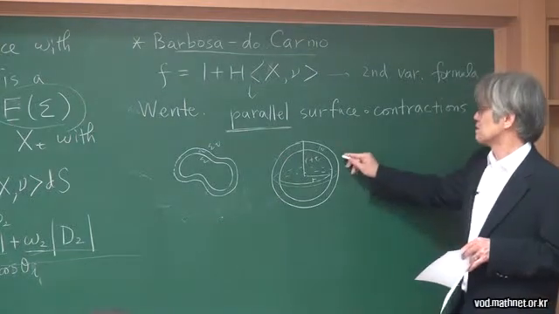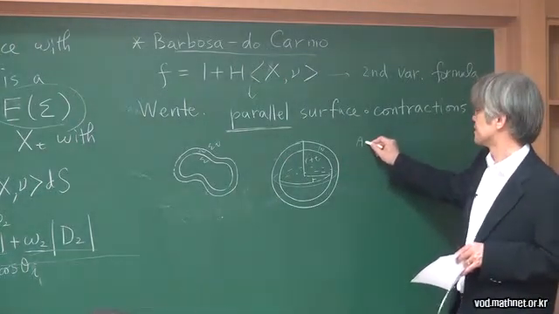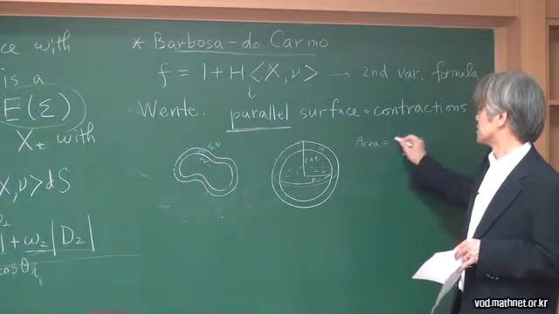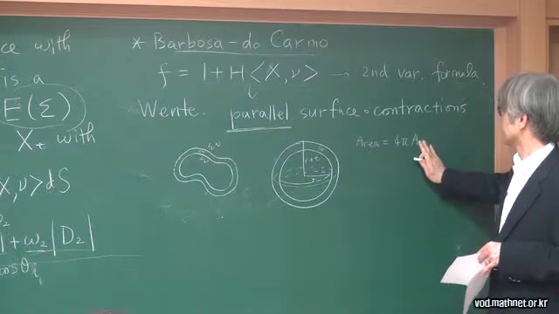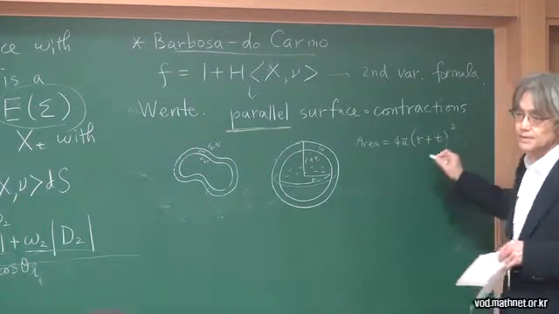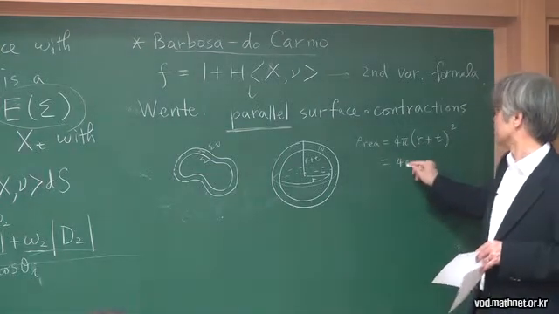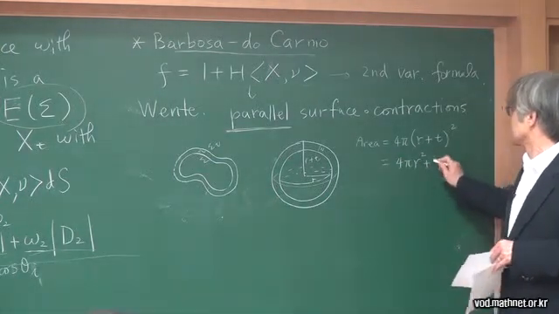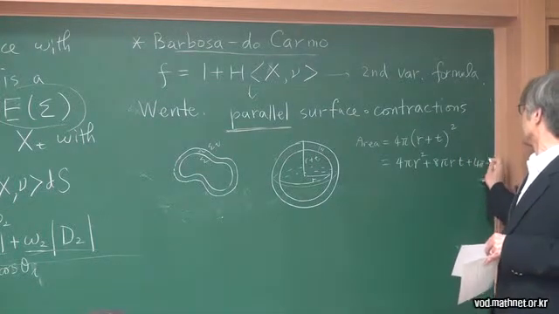Then this outside sphere has area equals 4 pi times (r plus t) squared. And this is 4 pi r squared plus 8 pi rt plus 4 pi t squared.